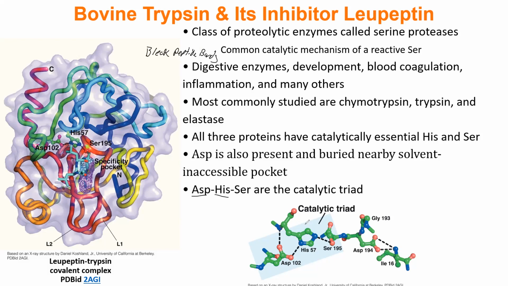Even if these enzymes aren't related, that is, they evolved separately, they still have this catalytic triad. And we're going to look at some examples of how this catalytic triad works in these enzymes.